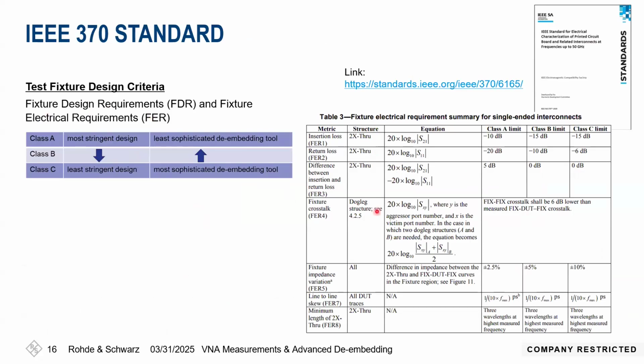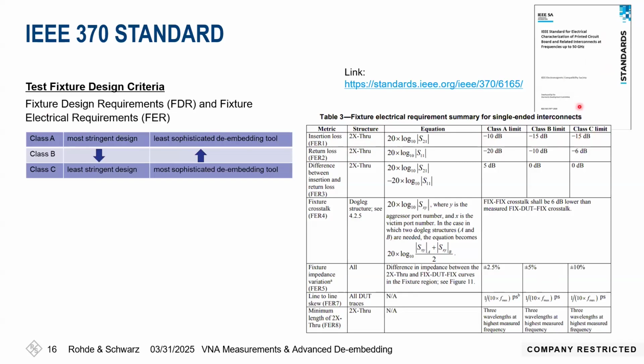For example, over here, this is a screenshot I have taken from this standards document. And it tells how you have to design the through coupon. For example, for the through coupon, the insertion loss could be -10, -15, or -15 again.